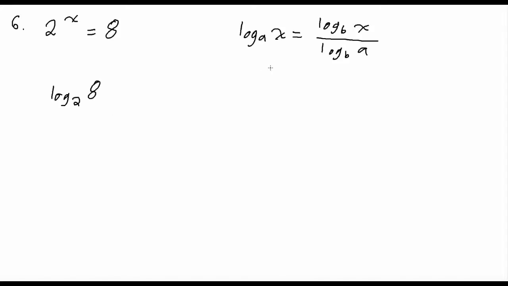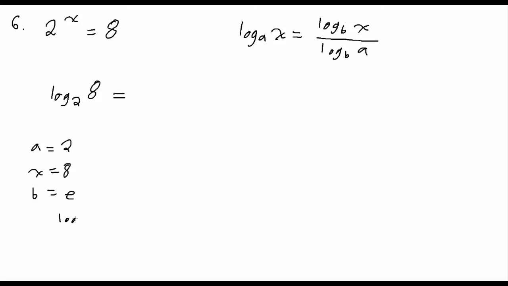That property states that the log base a of x equals the log base b of x over the log base b of a. So we're going to use that property, where in this case our a is 2 and our x is 8, and our b, I'm going to use the constant e. And if you remember from the video, e is just a constant number, just like pi.